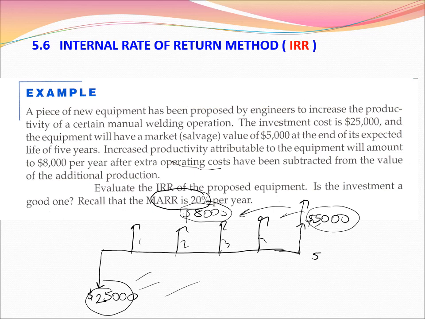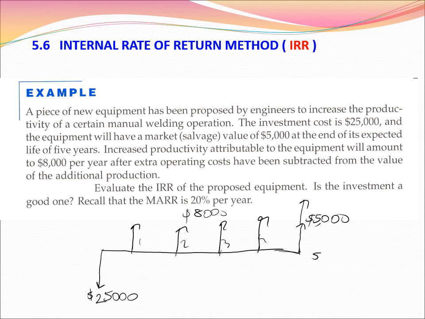And when we find it, if the annual worth, including this 8,000 as well, is greater than 0, of course, while converting them, we use the MAR as the interest rate. If it is greater than 0, we accept it. Otherwise, we reject it. But here, we are going to use the IRR method, the rate of return method.